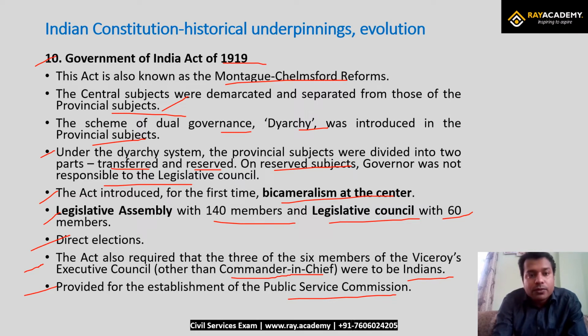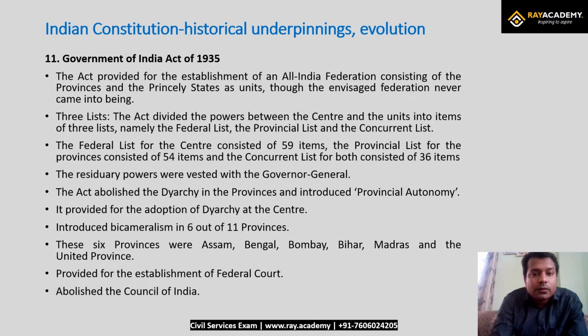Now finally, this is one of the landmark and very important acts, the Government of India Act of 1935. This act provided for the establishment of an All India Federation consisting of provinces and princely states as units, though the federation never came into being. Three lists were introduced for the first time.